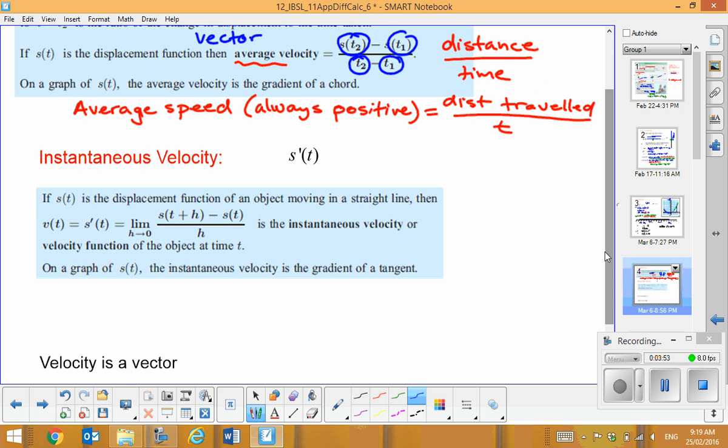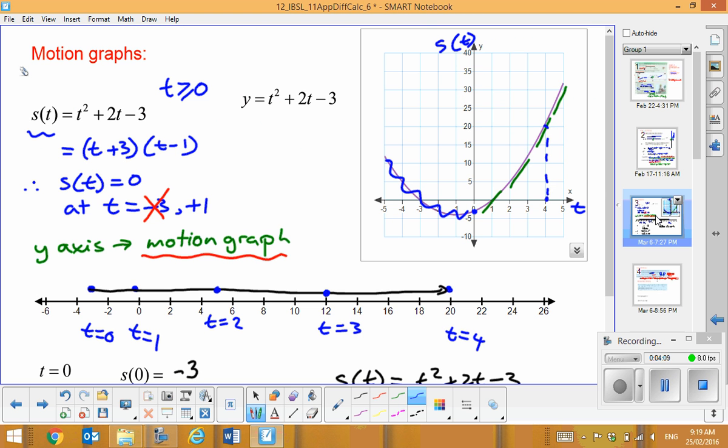The other is instantaneous velocity: I'm moving now, how fast am I going? The only way you can get an instantaneous velocity, like in our little sketches here, is at this point, how fast is it going? We're talking about the slope of the tangent.